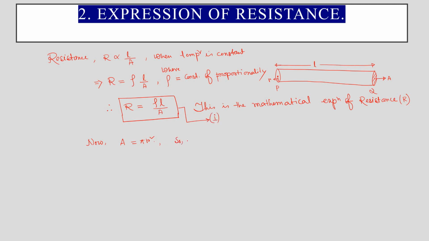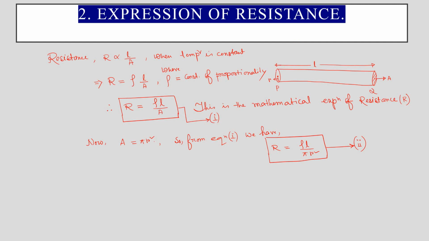So from equation 1 we have R equal to rho L by pi R square. This is another expression of resistance. Basically all are same, but they are different in their appearance.